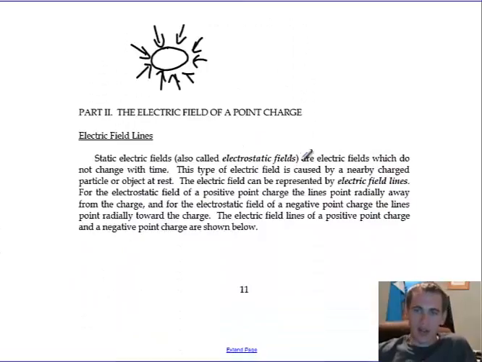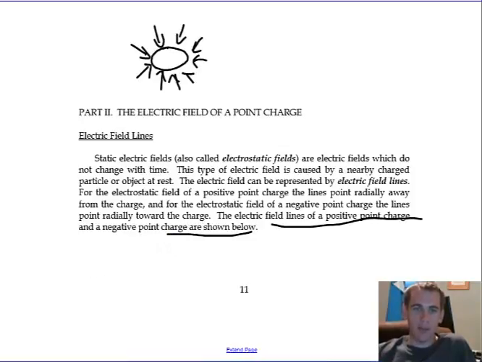And so now we want to look at how we can represent this field, which we do with lines. Now it's important to note electric field lines of a positive charge point away, and the electric field lines of a negative charge point towards. And that was just decided whenever people were discovering electricity.